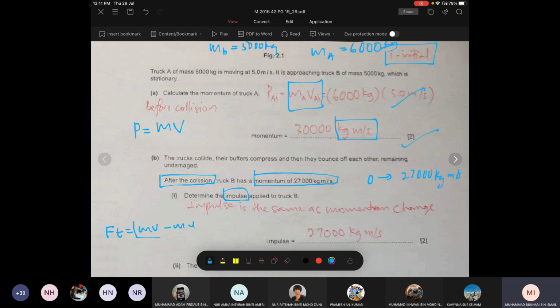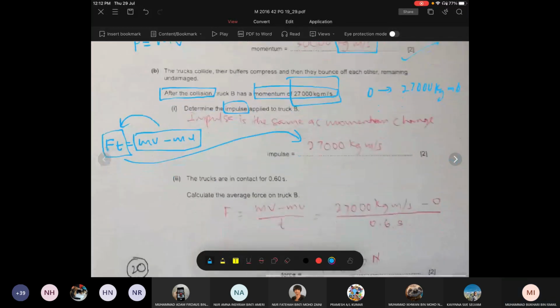This is change of momentum, and this is impulse. The change of momentum is 27,000 because it changed from 0 to 27,000. And change of momentum is equal to impulse. That's why impulse is equal to 27,000 kilogram meter per second. Understand or not?